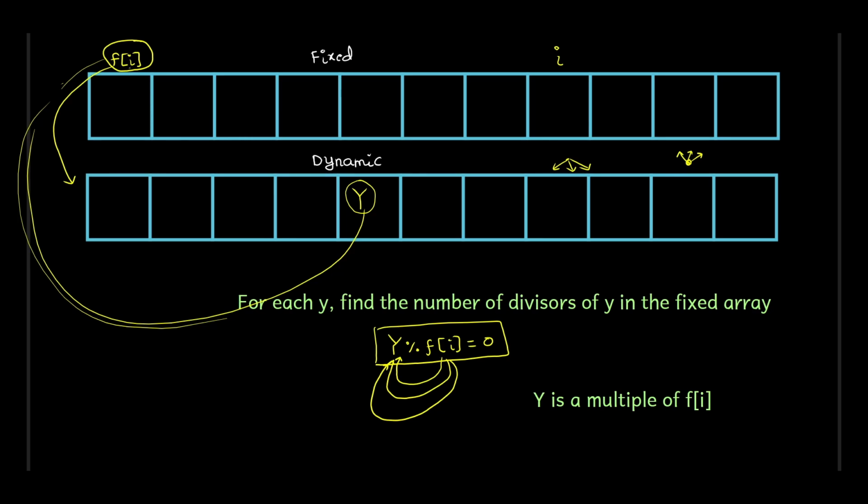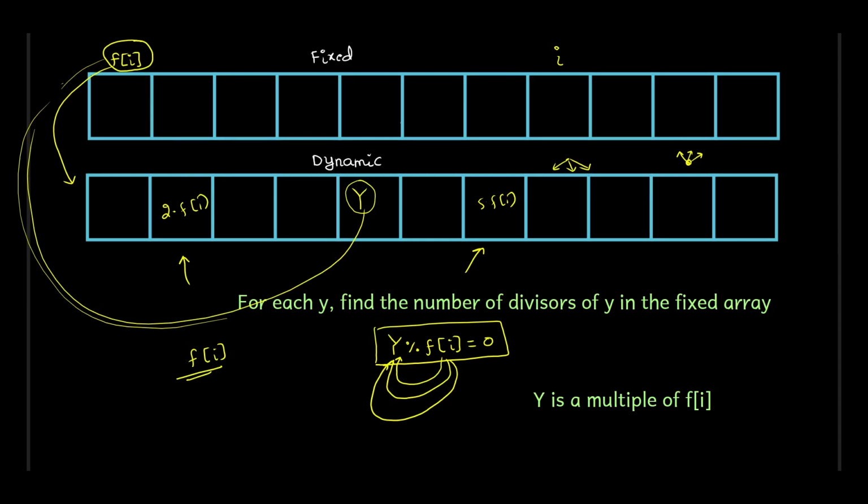So if you do it for each f of I, then each f of I will increment the count of all of its multiples. Suppose this is 2 into f of I and this is 5 into f of I. Every time you encounter f of I, you increment the count of the divisors of these elements by 1.